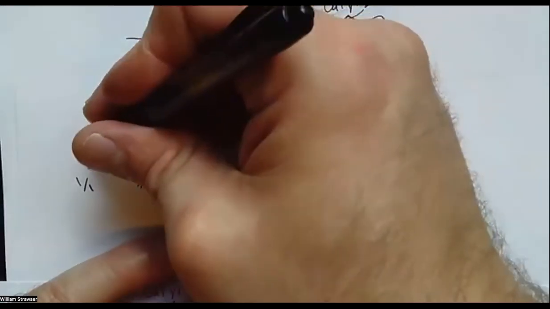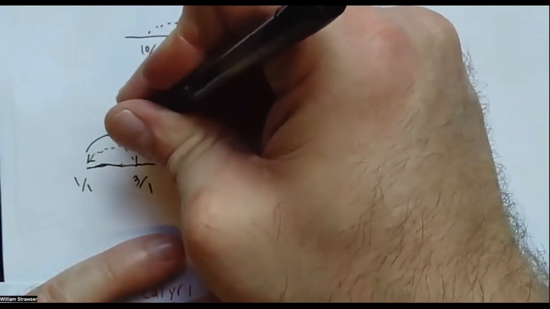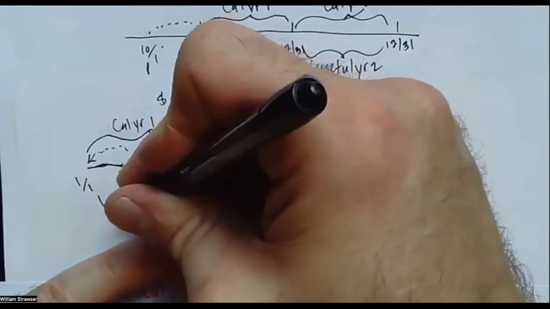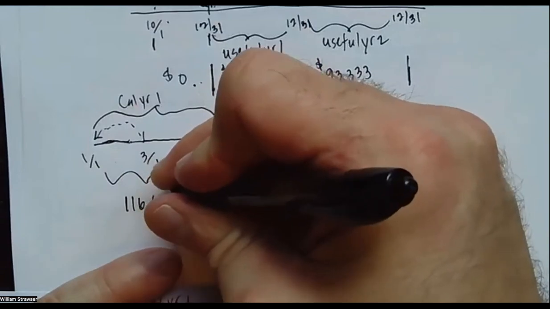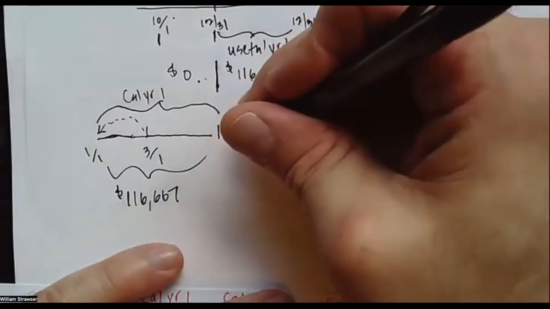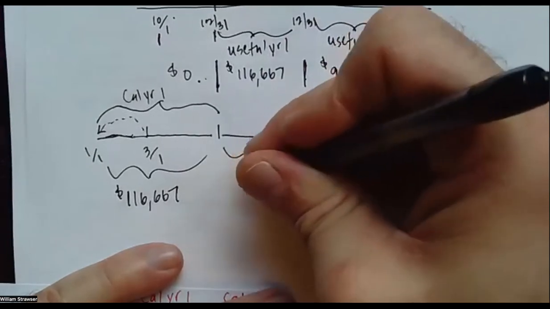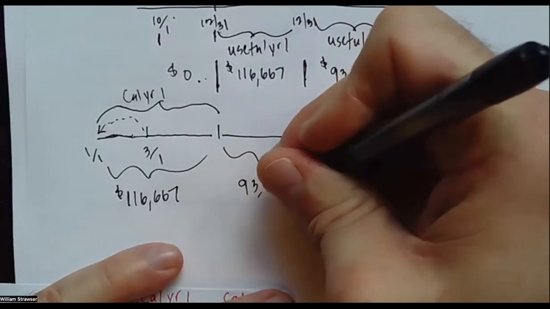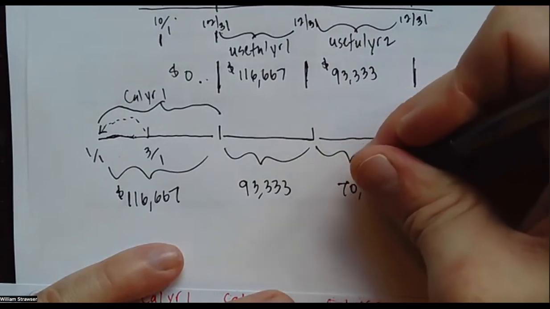And so then this becomes calendar year 1, and I would record all my first useful year that year, because I'm pretending like I bought it on January 1st. And then for year 2, this becomes 93,333. And for year 3, that would be 70,000.